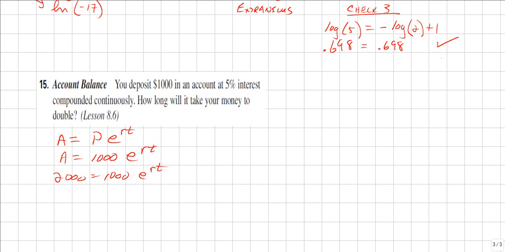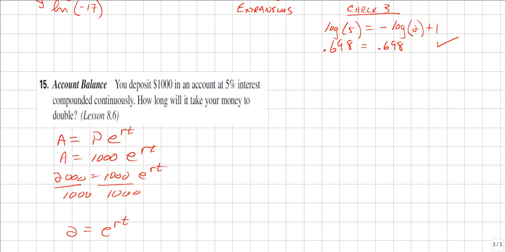But actually, if you can see, I didn't really even need to know the amounts. Because if I know that it doubles, the first thing I'm going to do over here is divide both sides by this 1,000 to get e to the rt all alone. And that's going to leave me with 2.